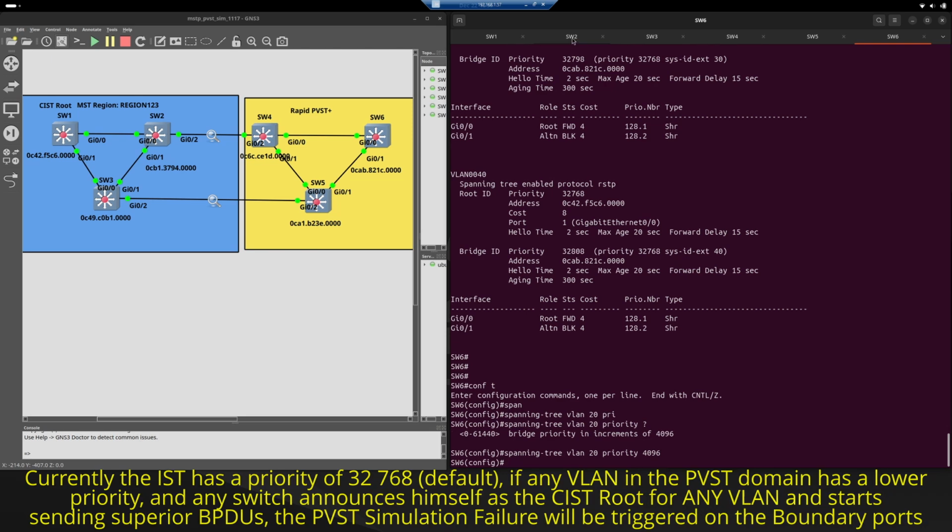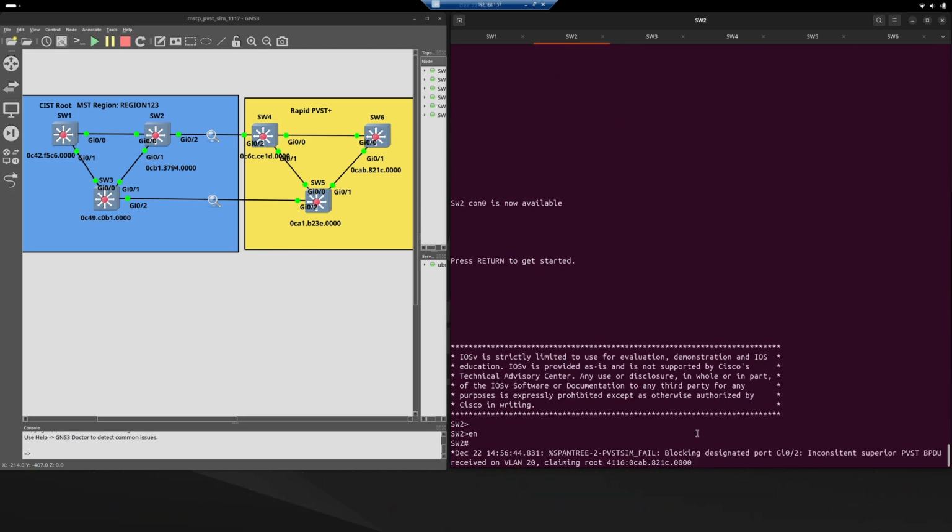Let's move back to switch 2, and indeed, the moment switch 2 and switch 3 as well received the superior BPDU from the PVST domain, they both shut down the port G0/2.